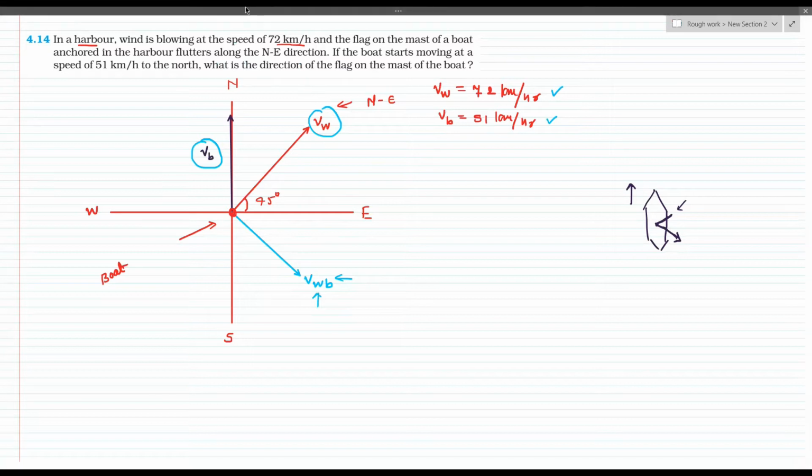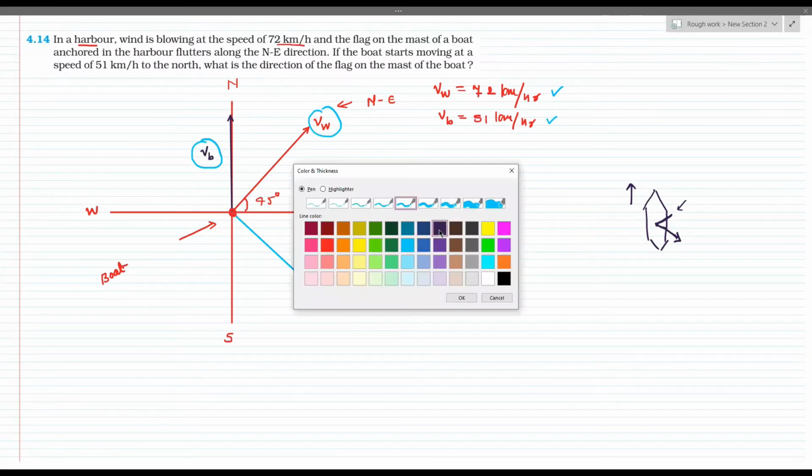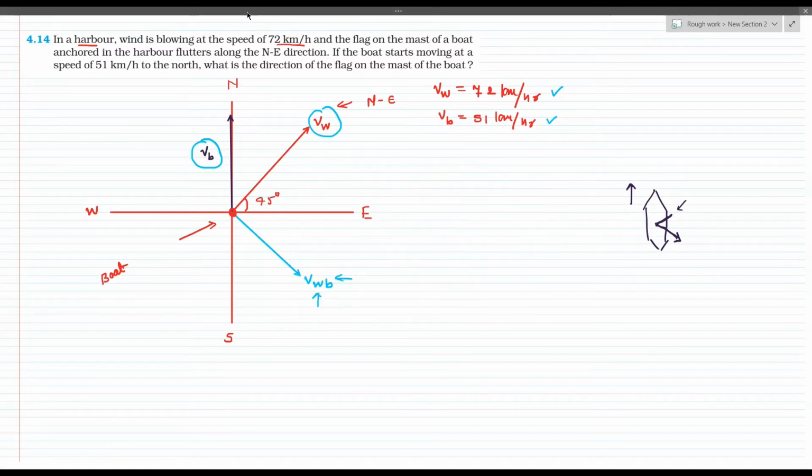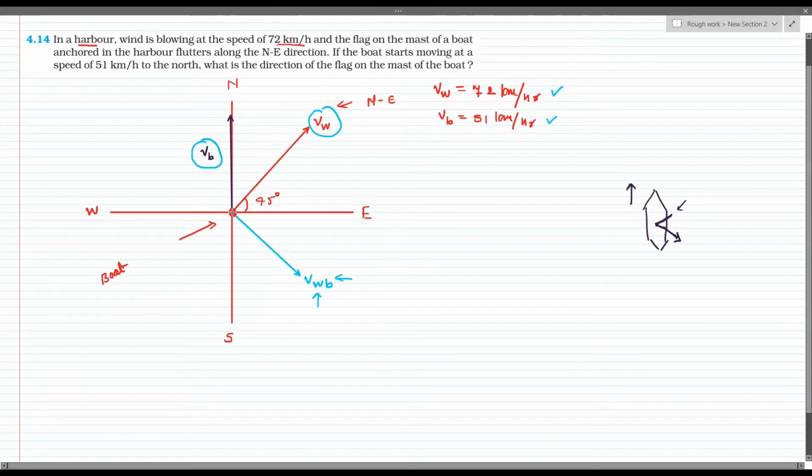So here we take the concept of the negative vector. If you may not be aware of it, not an issue at all. Let me explain. This vector represents the velocity of the boat, but that velocity is in the negative direction.